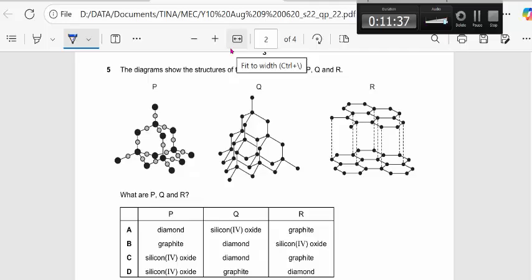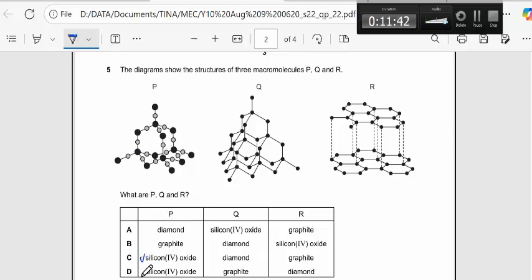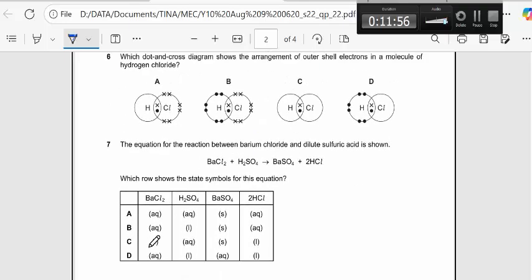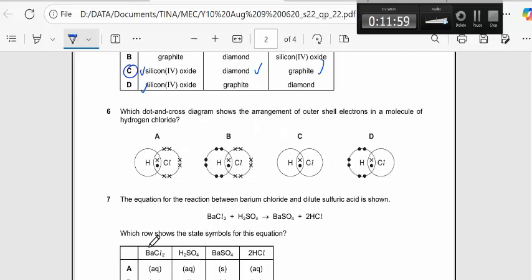All right. This one is silicon because it's two different elements. This one is one element only, so it's diamond, and this one is graphite. C. 6 is A. Six is A, correct.